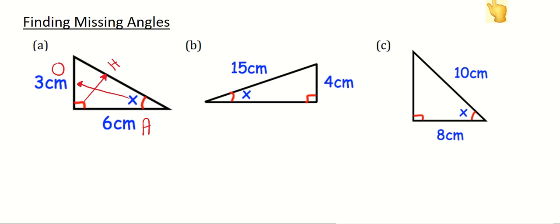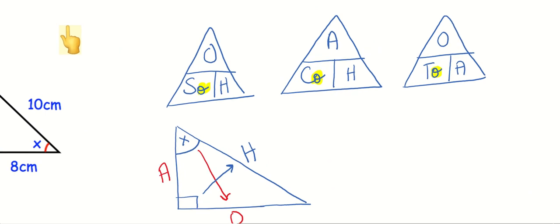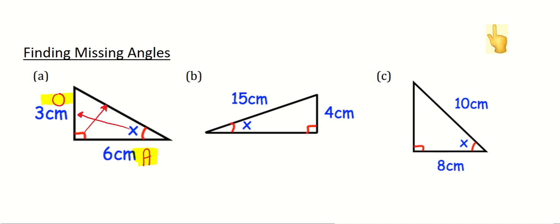Well, of course we need the sides with measurements on. The hypotenuse doesn't have any measurement, so I don't actually need this one. I need the sides with the two measurements, so O and A. Well, which of the triangles has O and A? O and A is in TOA.